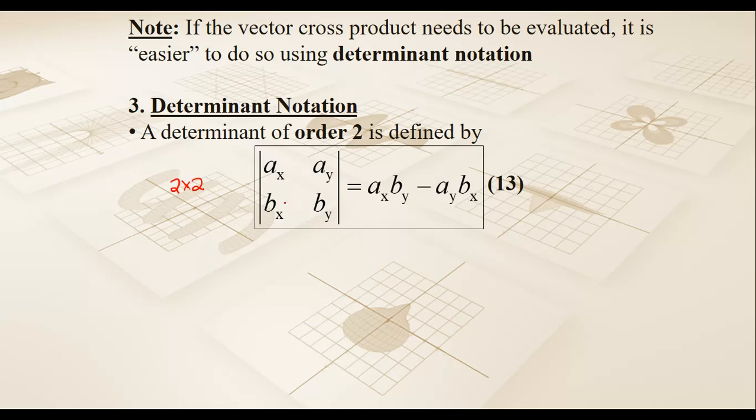You take ax multiplied by by, and then subtract ay multiplied by bx. So what I'm actually multiplying are the things that are across from each other.